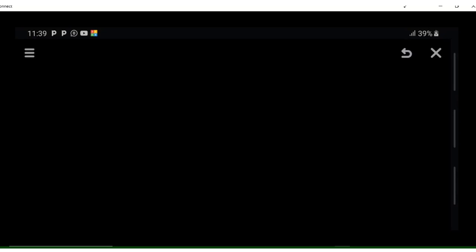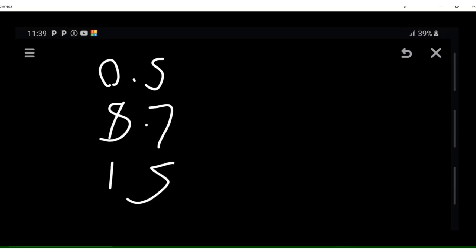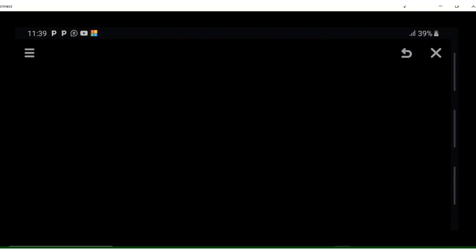When you find a 0.5, this can be 0.5, 1.5, 2.5, as long as it's a number ending in 0.5, make sure you multiply everything you have found by 2.